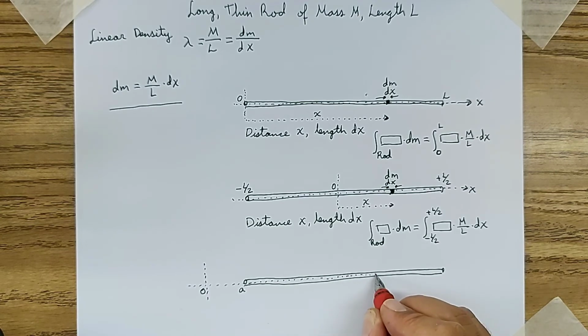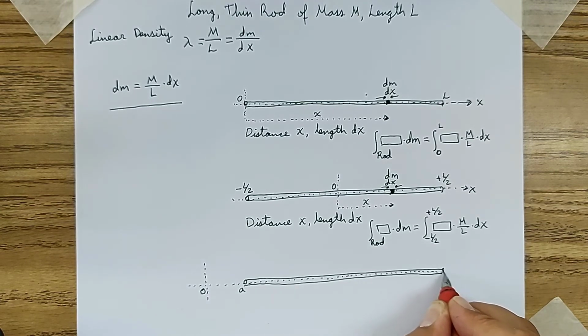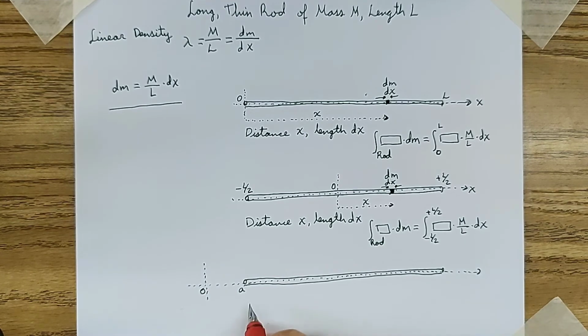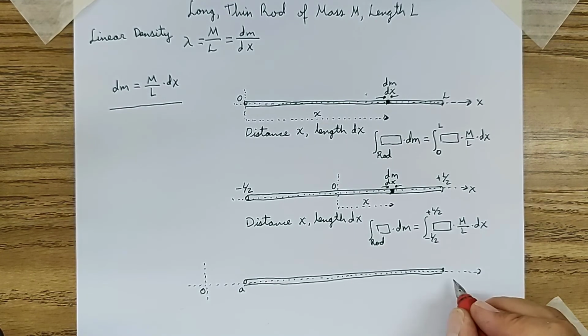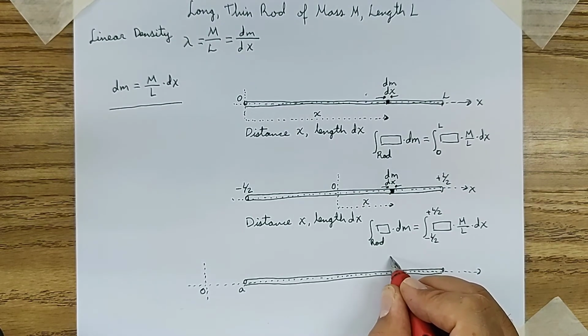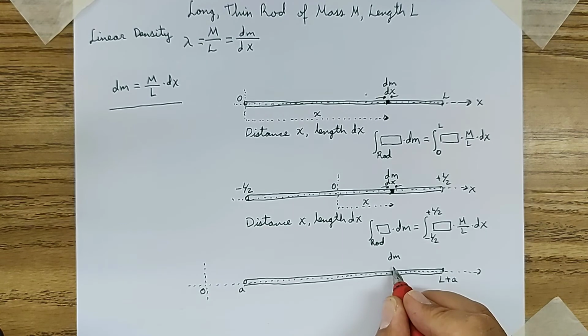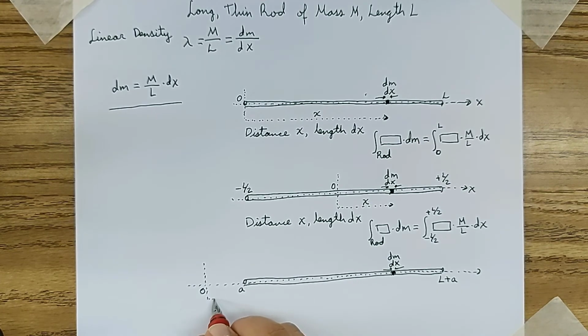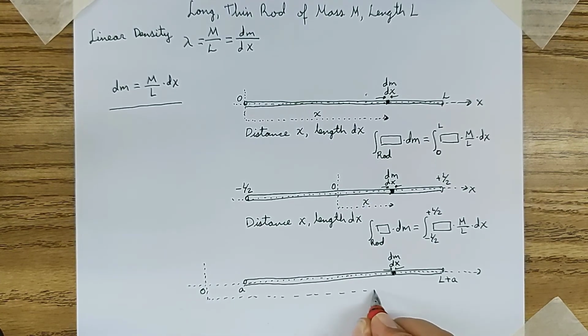In that case, the x-coordinate of the left end is a, and because the length of the rod is L, then the right end coordinate is L plus a. And once again, any differential is given by an infinitesimal mass dm, an infinitesimal length dx, but the position is still x.